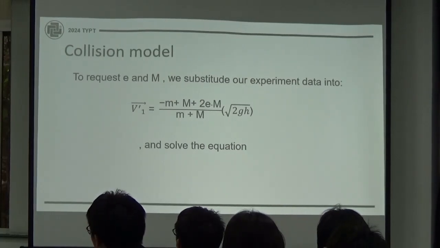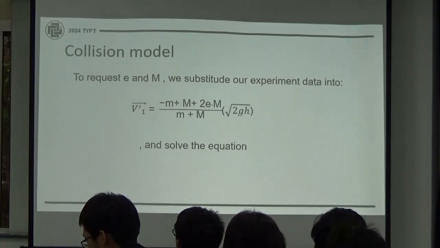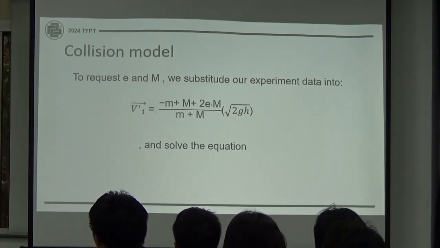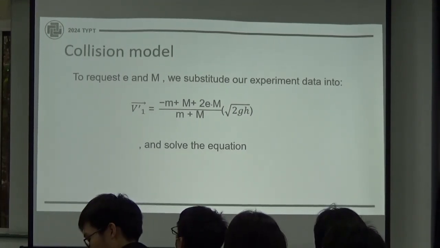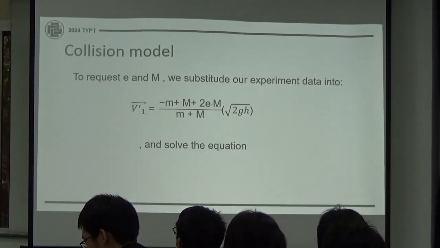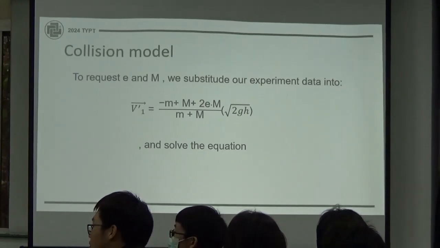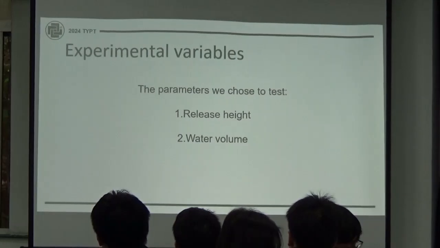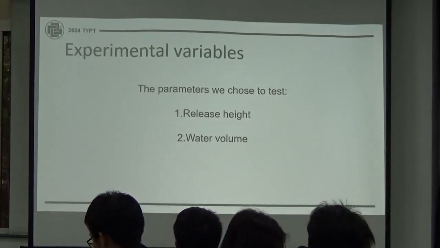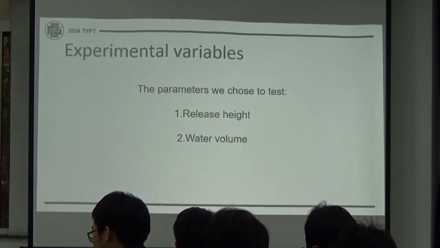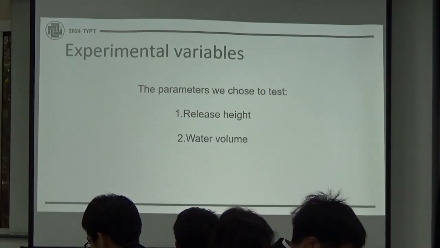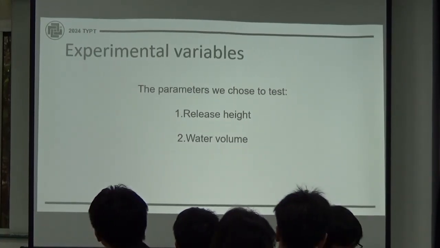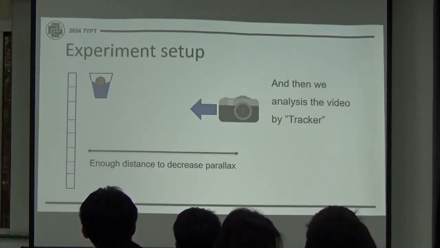And we can use our experimental data to substitute in the equation and find out the e and M. Here are our experimental variables. The parameters we choose to test are release height and water volume. And this is our experimental data.